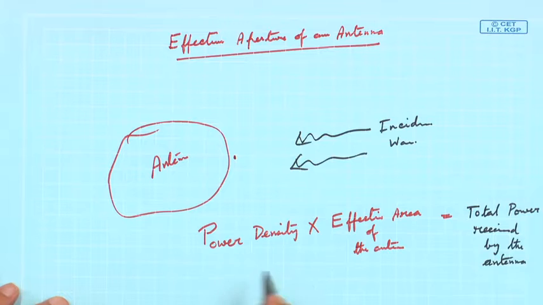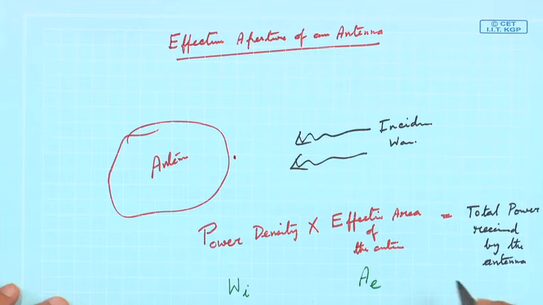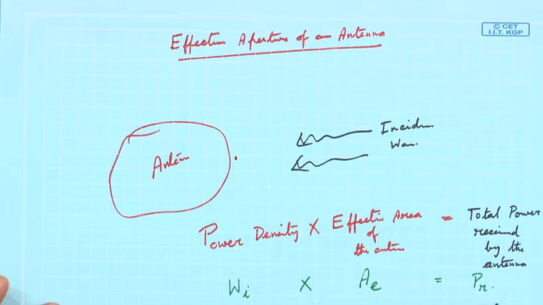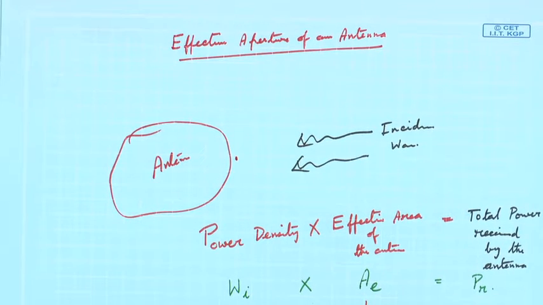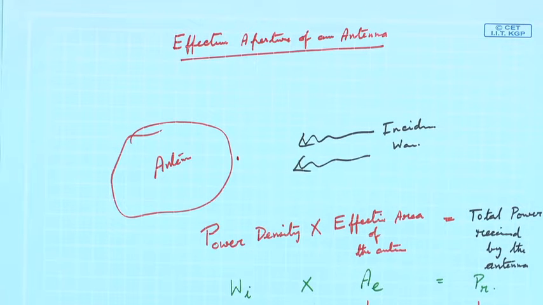If the power density is generally expressed with the symbol Wi, and the effective area is AE, then this is the total power. This is the formula for effective area. The effective area has unit meter square, this is watts per meter square, and this is watts. So how do I measure the total power received by the antenna?